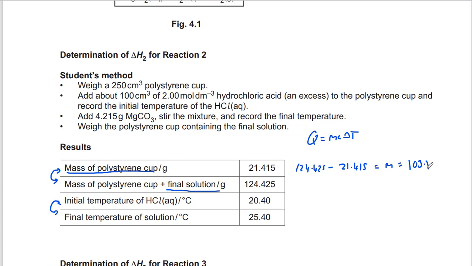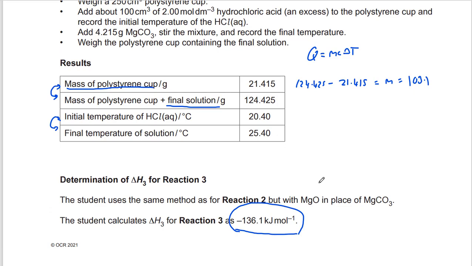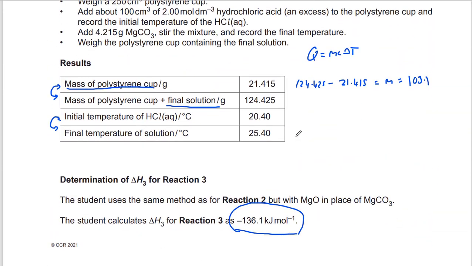So mass is 103.1. Let's plug this into Q equals mc delta T. Again, I'm doing it up here so we can see all the numbers. In a real exam paper, you'd have all this in front of you on a 2-page spread. I don't have that luxury. So Q equals 103.1 multiplied by c, which is 4.18, multiplied by delta T, which is exactly 5.